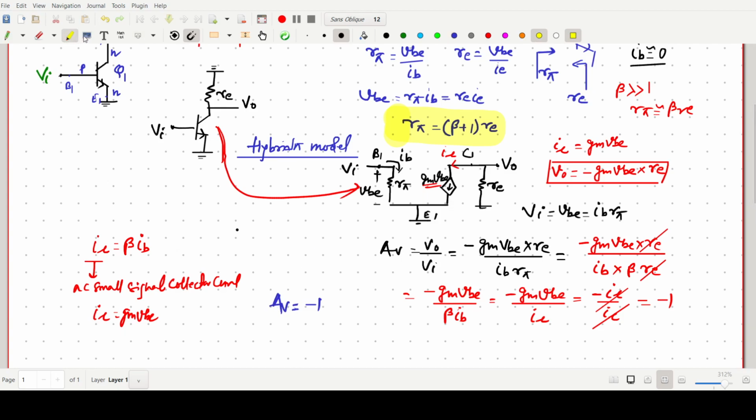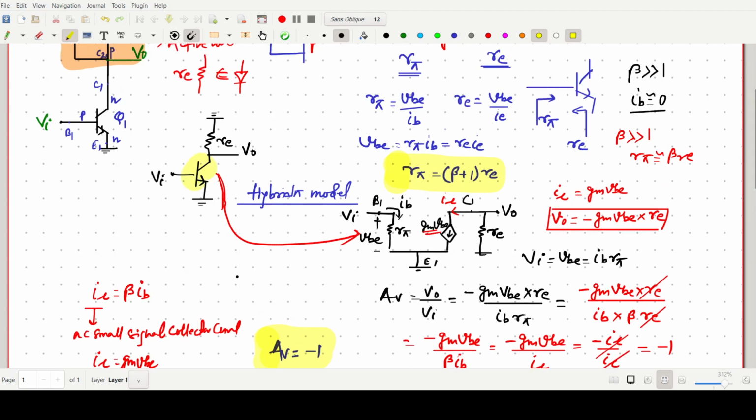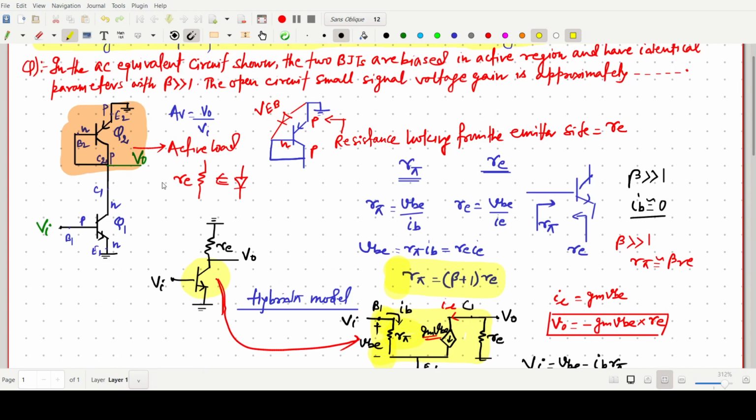This is a very conceptual question, but we have to know all the facts regarding how to draw this BJT hybrid pi model, and replace the BJT diode with a resistance. We need to know r pi and RE, and the very famous relationship r pi equals beta plus 1 times RE.